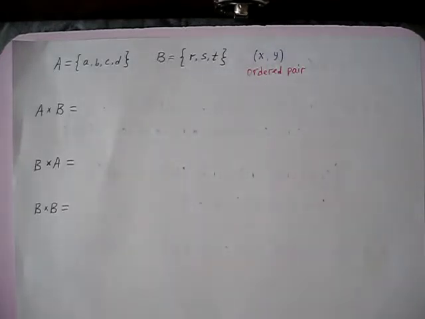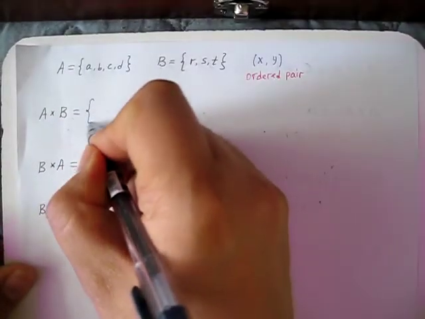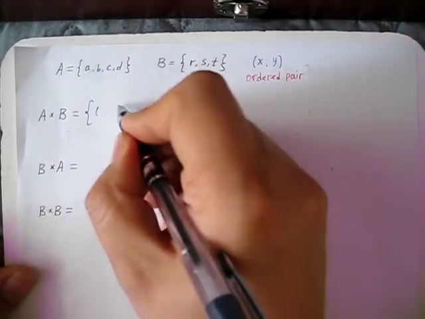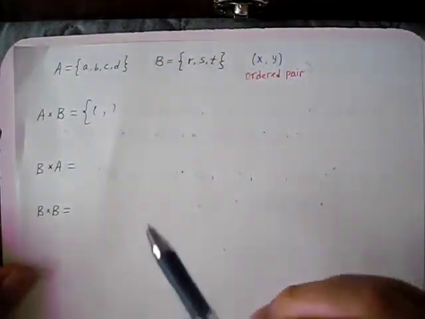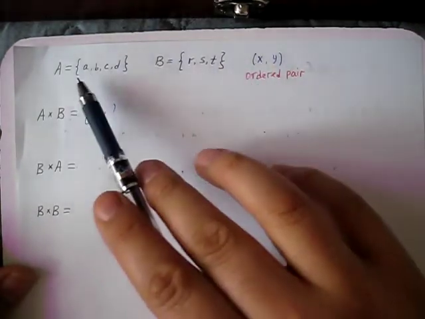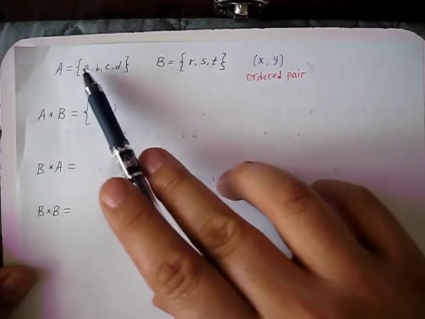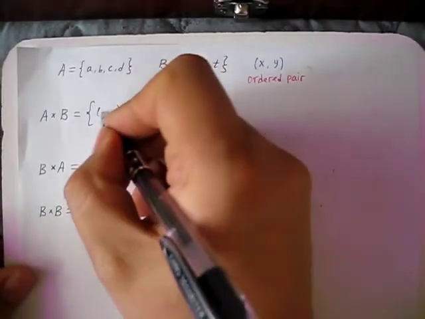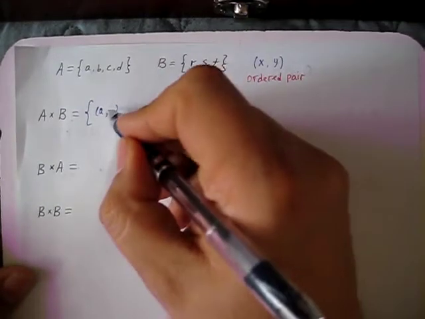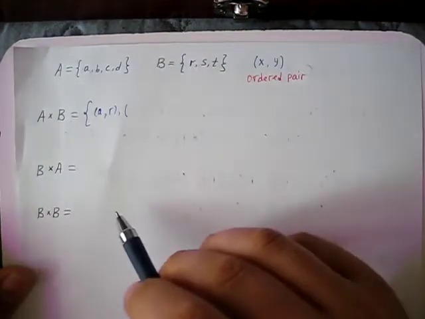Okay, let's get started then. So first, our first ordered pair will be: x will be the elements of set A. So we have A, B, C, D, so we will start with A. So A and R. So y component will be R. Okay, second ordered pair.